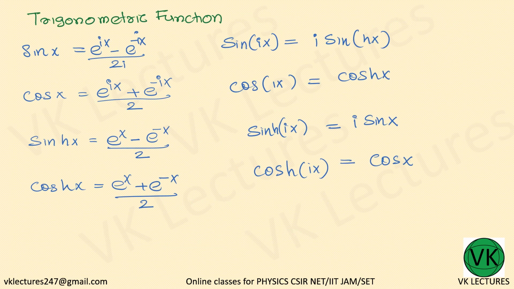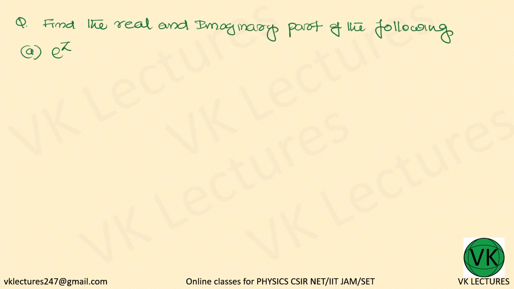Here are few trigonometric functions that are necessary for doing the problems in the next session. Please kindly make a note of it. e to the power z. So what is z equal to? z is equal to x plus iy. So this gives us e to the power z, that is x plus iy. Now separate this. This is equal to e to the power x into e to the power iy. Okay.